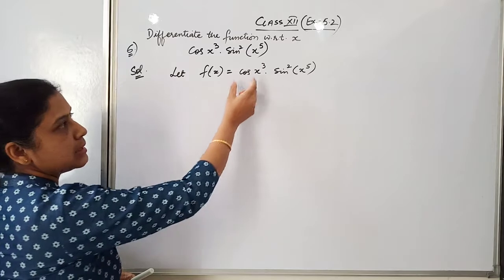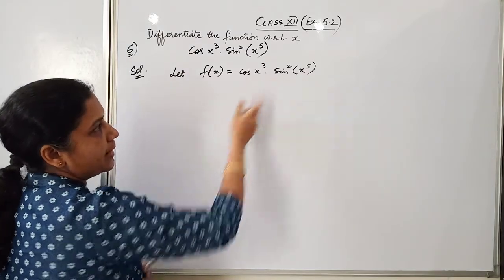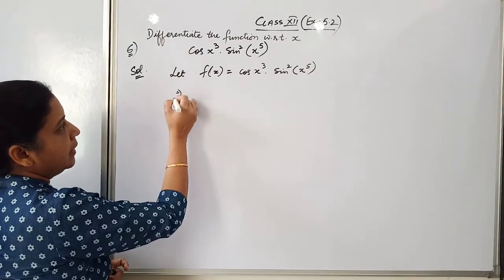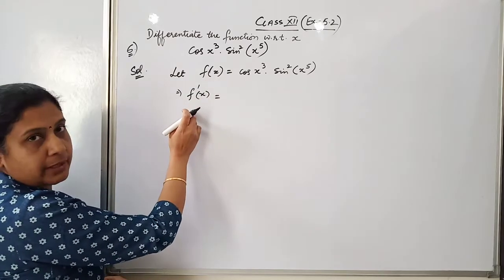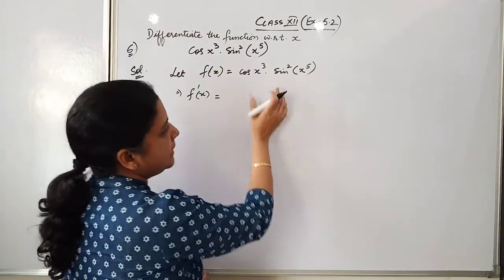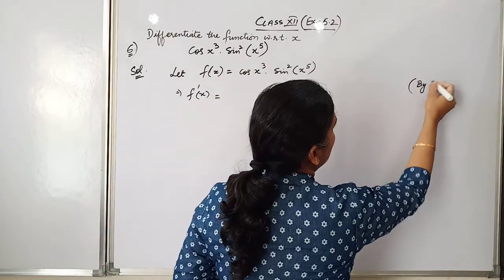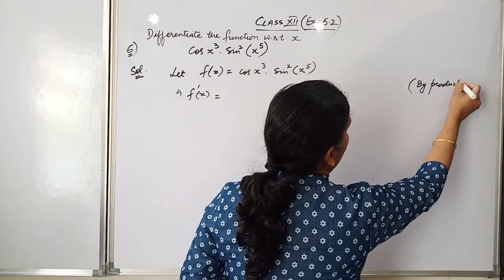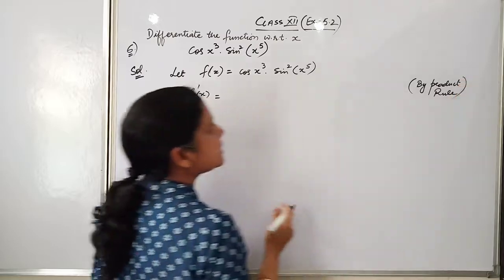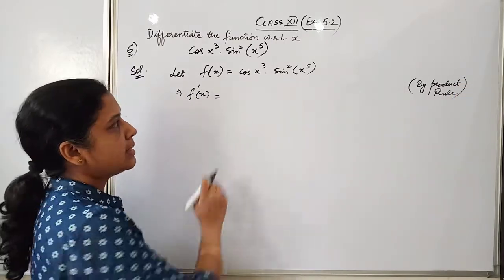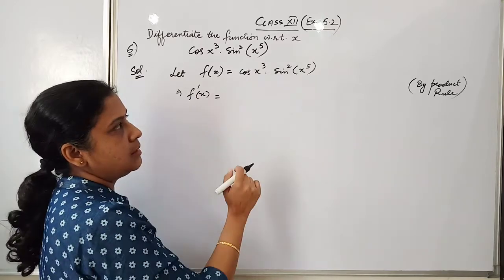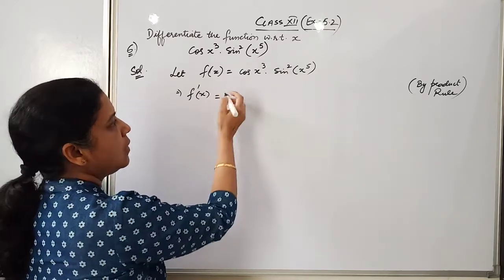As you can see, it is a product of two functions, so I will use the product rule. Taking derivative on both sides, LHS derivative will be f dash x, and on this side I will apply product rule. Product rule says, if this is a first function and this is a second function, first into derivative of second plus second into derivative of first.